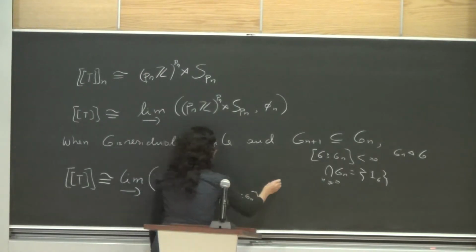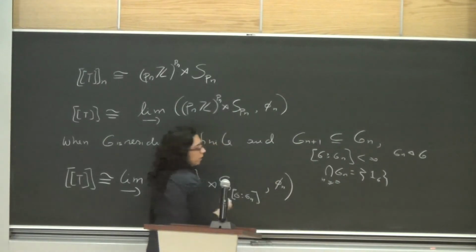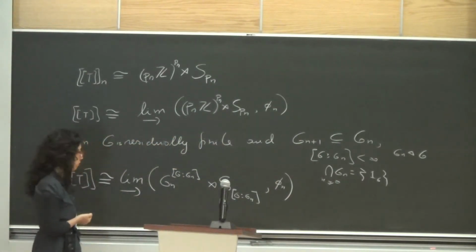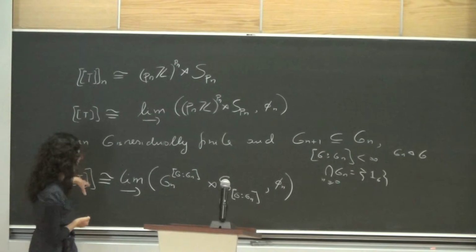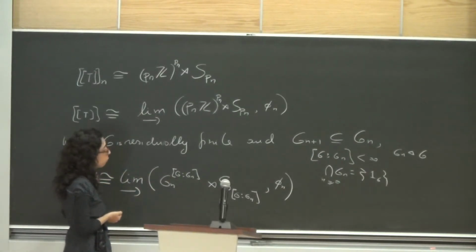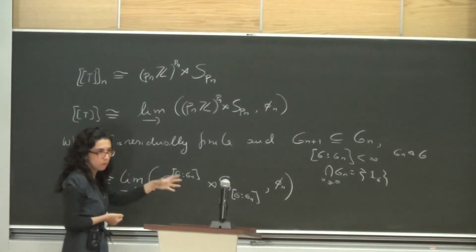And here's the function that defines the direct limit. So for the odometer, we can express the topological full group as a direct limit of something.